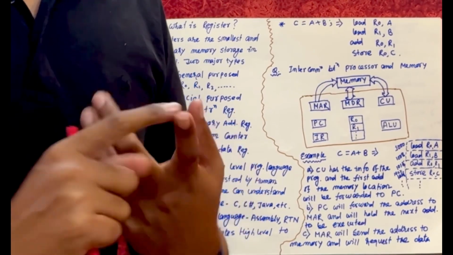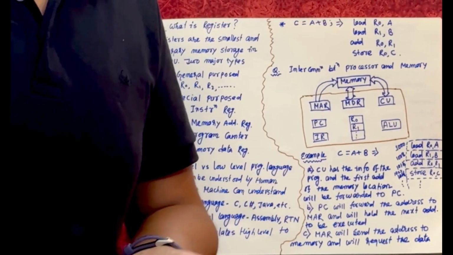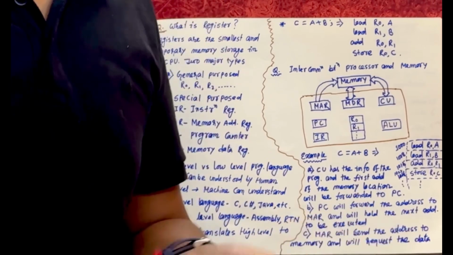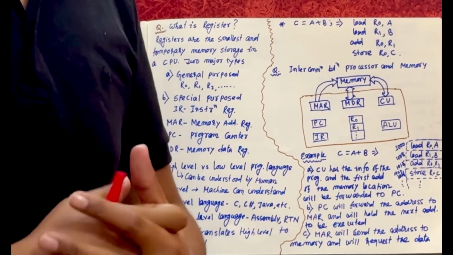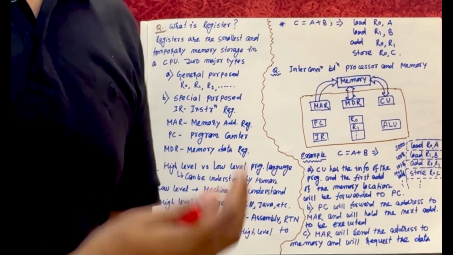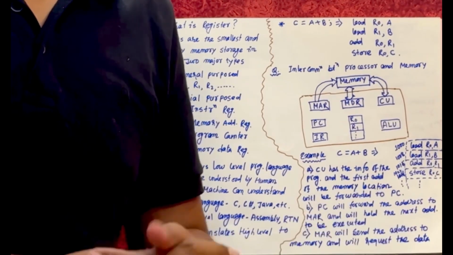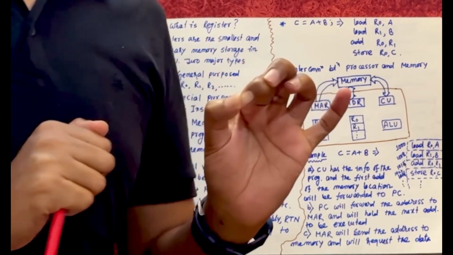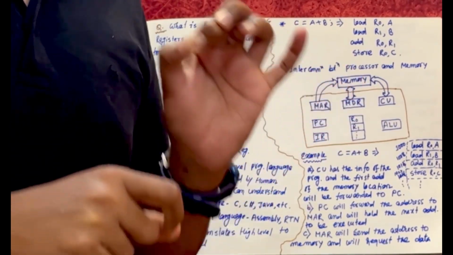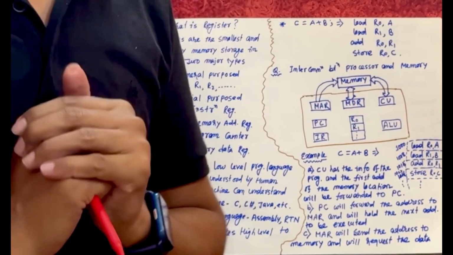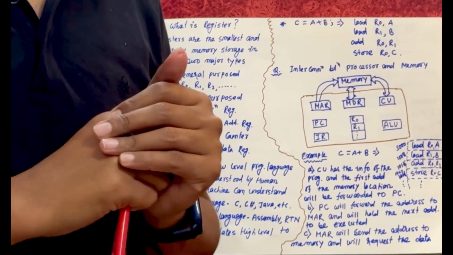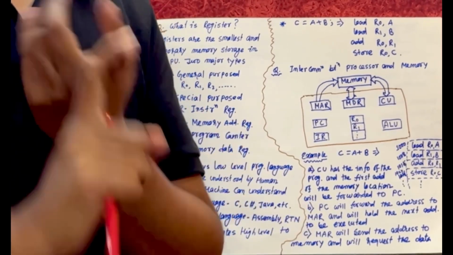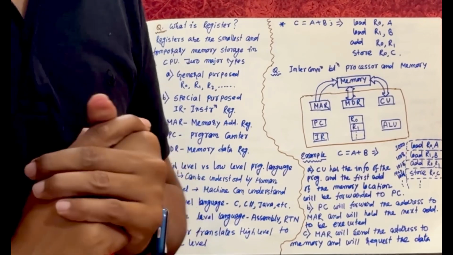So from this initial discussion, at least now you know that resistors are a type of memory. Resistors are the smallest memory we have in the system, which can hold anything temporarily. But the storage size is very, very small. And resistors are the fastest memory we have in the system.